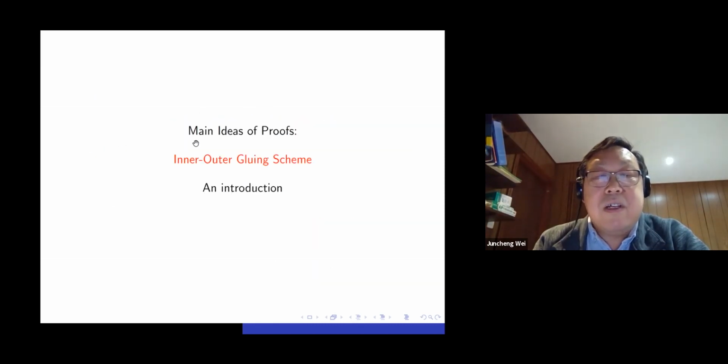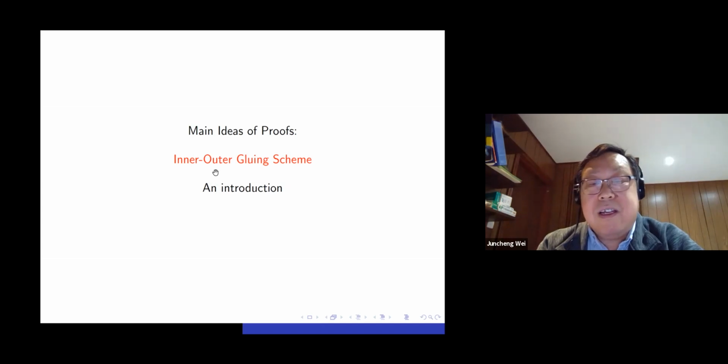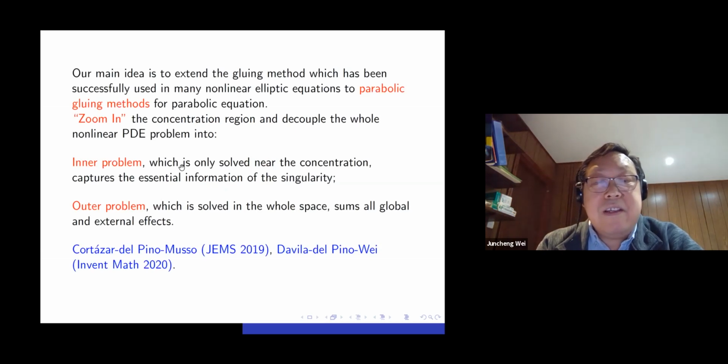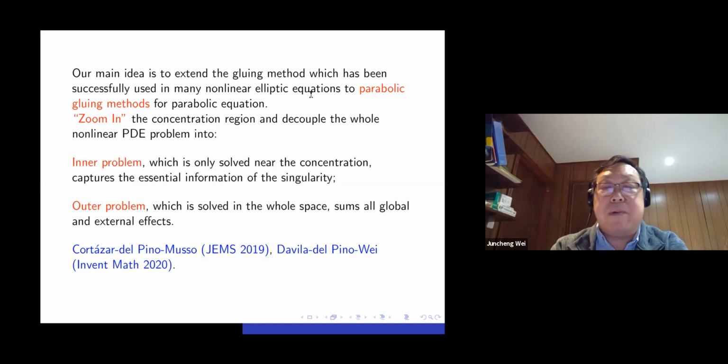So how do we prove the existence of such a solution? The proof is by the inner-outer gluing method, and I will give a very brief introduction. This is a singularity formation problem, and the idea is to divide it into two problems.